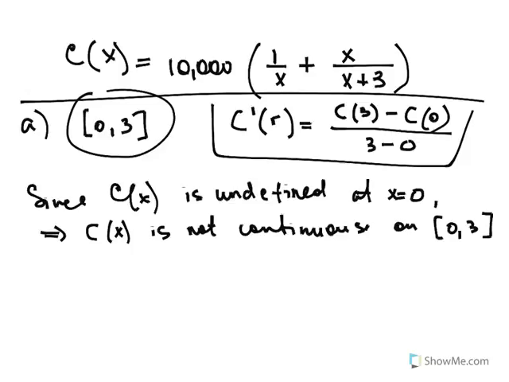Now, the given interval is this right here, so they did include x equals 0, but the function is not continuous.